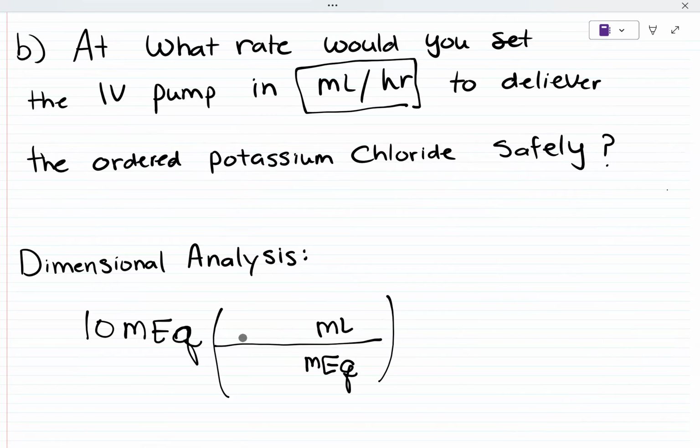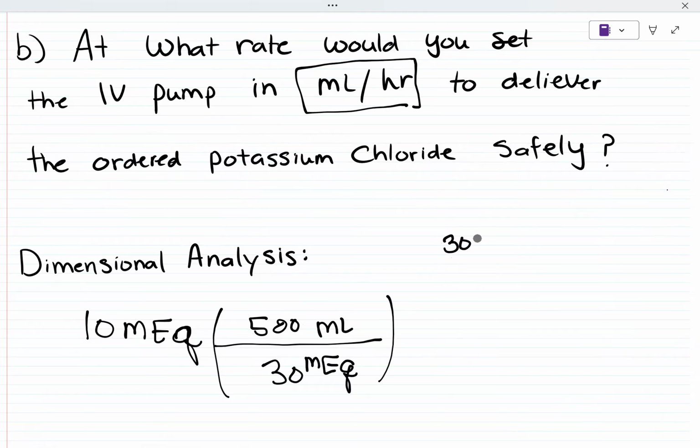And what is the relationship between mEq and mL? It said our availability was potassium chloride of 30 mEq per 500 milliliters. So 30 mEq for 500 milliliters, right?